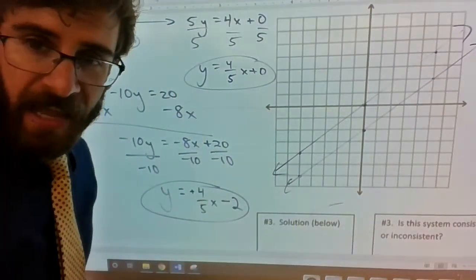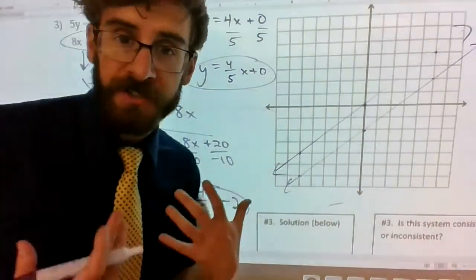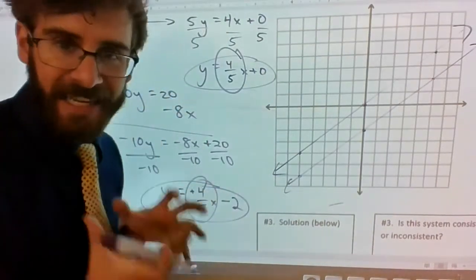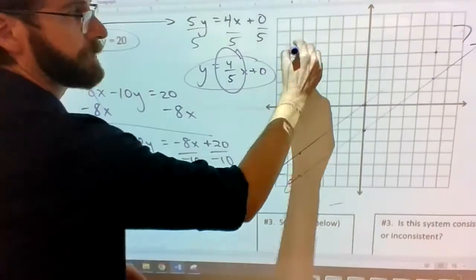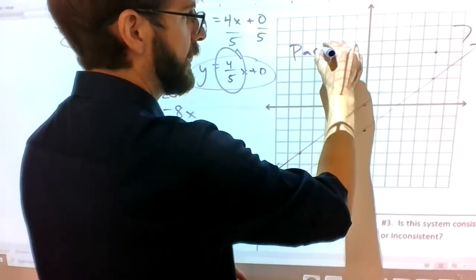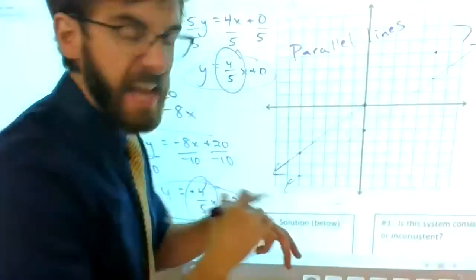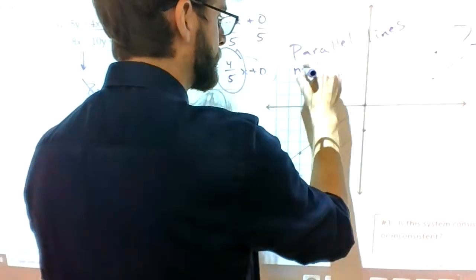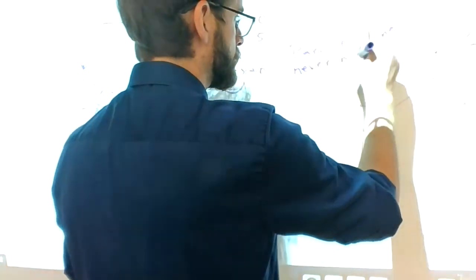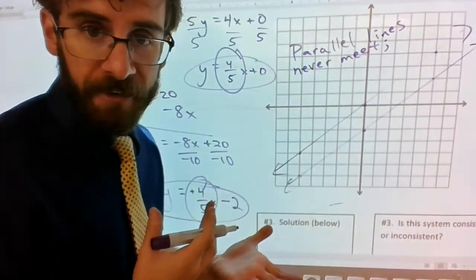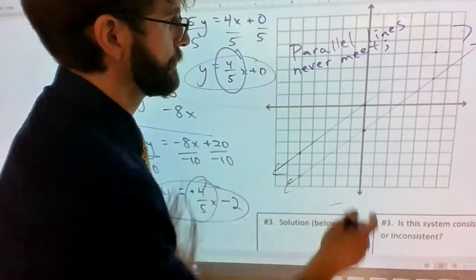Now, an interesting thing happens. These two lines are what are considered parallel lines because they have identical slopes. Okay? So you might just want to write here on the grid, parallel lines never meet, and one way in which you can identify them before even graphing is they have the same slope.